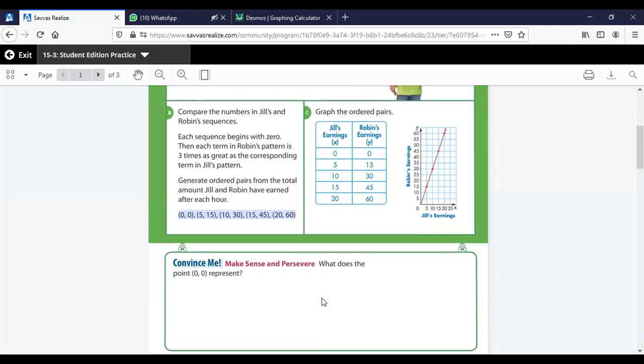So what does the 0, 0 represent? It represents the origin point, right? It has a name. Its name is what? The origin point.